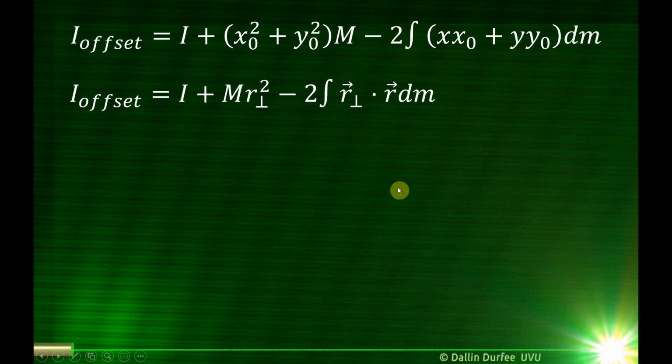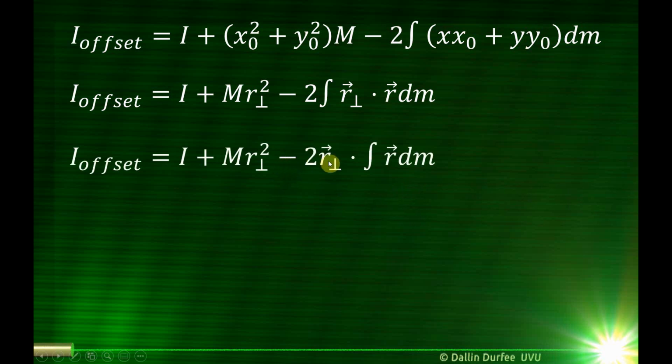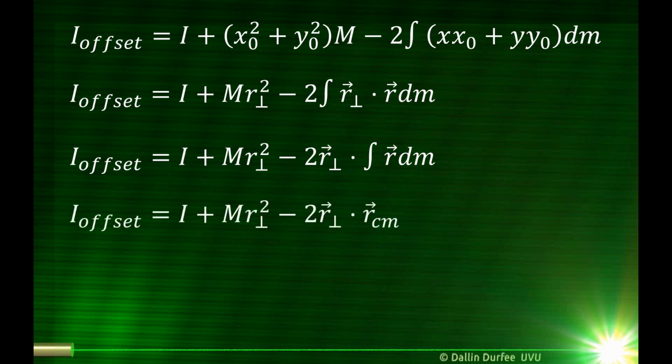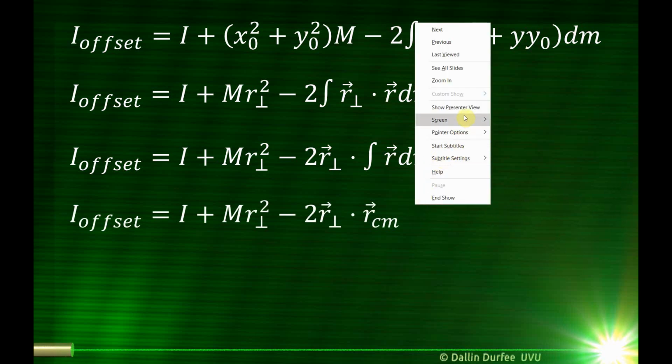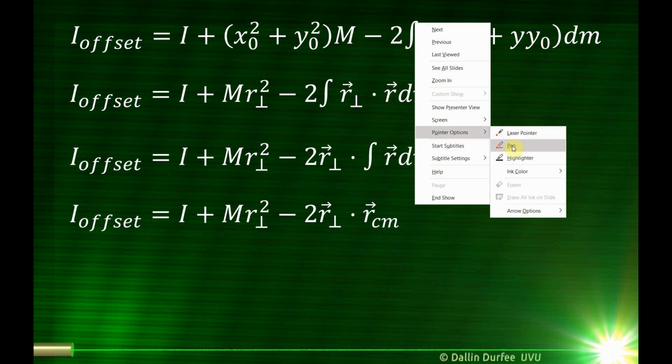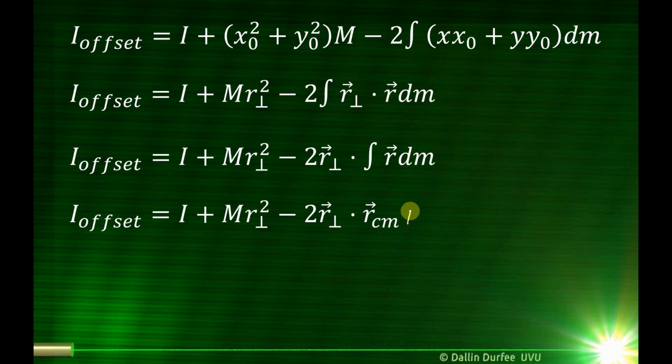So basically we have this integral right here. Well, the distance we displace the axis is a constant, so that can come out of the integral. And so now I have -2 r perpendicular dotted with this right here. But the integral of r dm, as you recall, is just the center of mass. So if we divided that by the total mass, it would just be the center of mass. So I can rewrite that integral as r center of mass, times, I forgot, times the total mass.